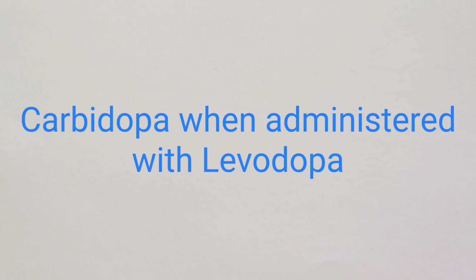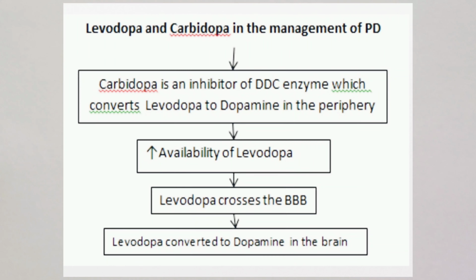Carbidopa, when administered along with levodopa, is an inhibitor of dopa decarboxylase enzyme. So inhibition of the enzyme prevents the conversion of levodopa to dopamine, thus increasing the concentration of levodopa in the plasma. So increased concentration of levodopa increases the penetration of levodopa into the brain, and levodopa is converted to dopamine in the brain and is available for action and is thus useful for the management of Parkinson's disease.